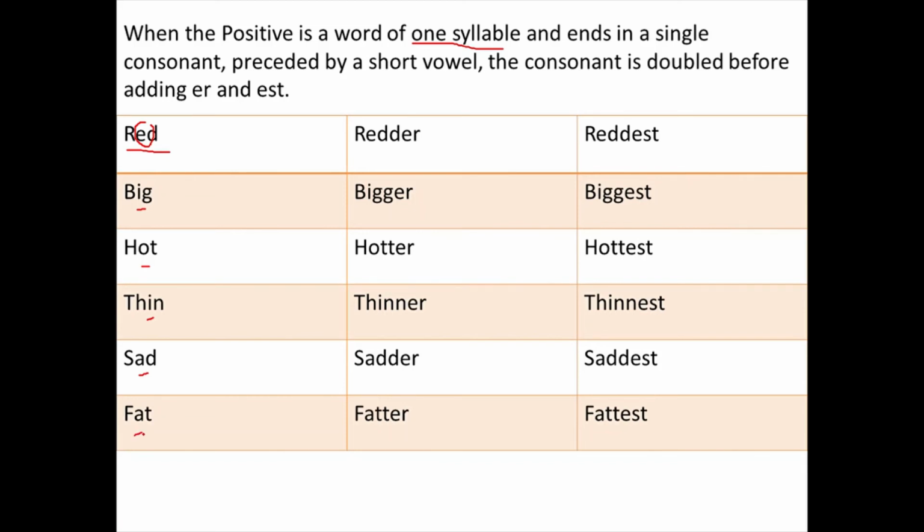These are called monosyllabic words, and in such words, while making the comparative, the last consonant is doubled. See: red, redder, reddest; big, bigger, biggest; hot, hotter, hottest; thin, thinner, thinnest; sad, sadder, saddest; fat, fatter, fattest.